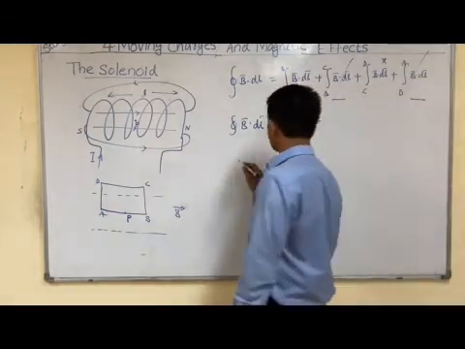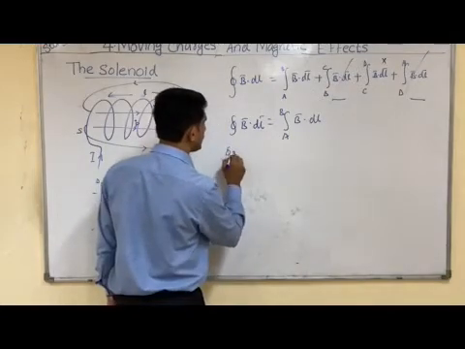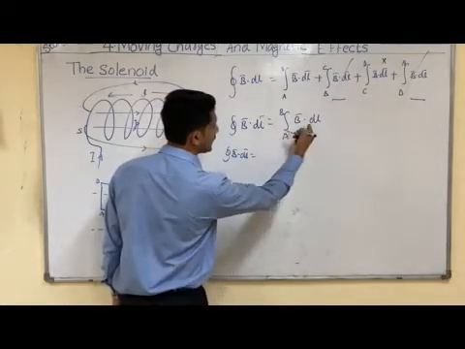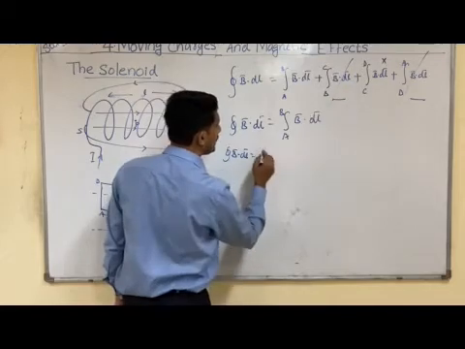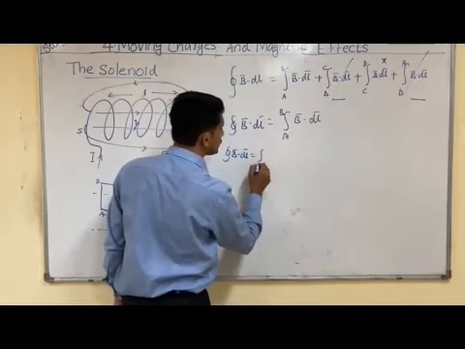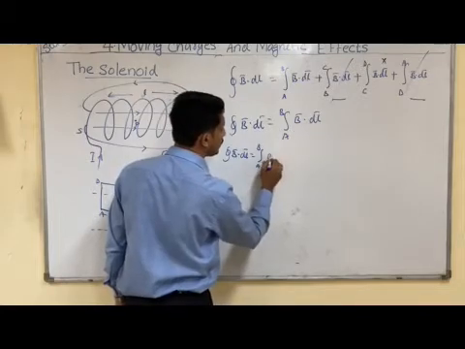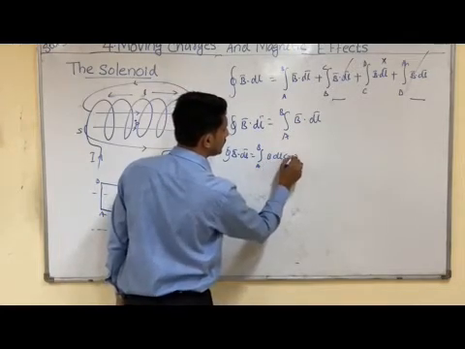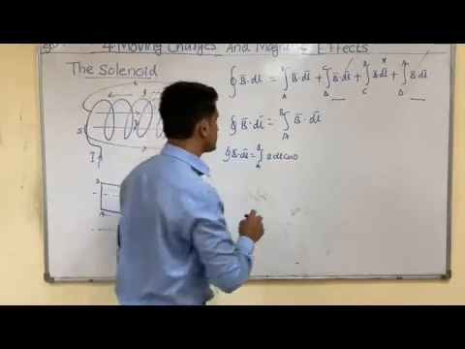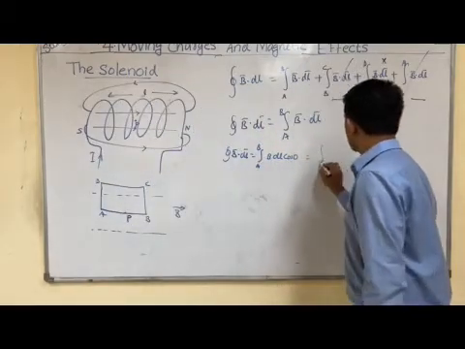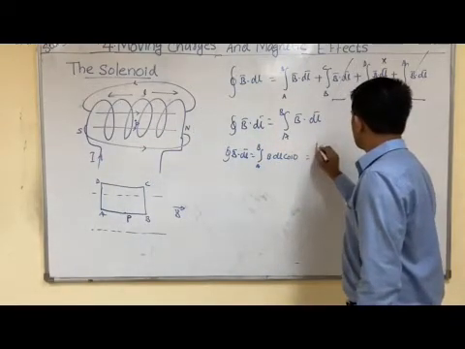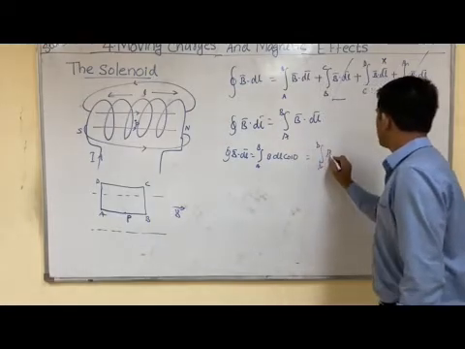So we can write this equation as integral of B dot dl is equal to, you can see that B dot dl means B dl only. So integral of A to B, B dl cos 0. Cos 0 becomes 1 only. That means we can represent it as integral of A to B, B dl.